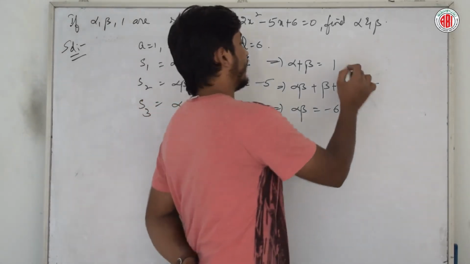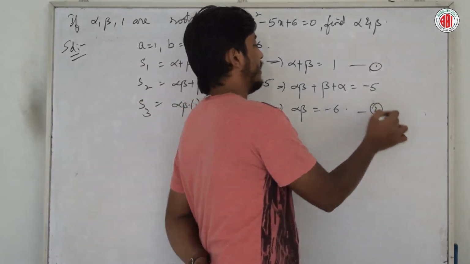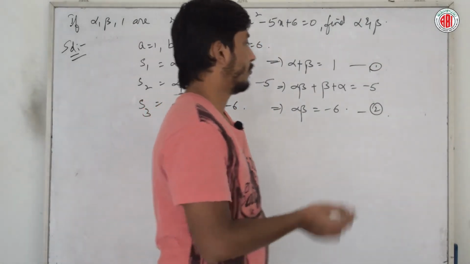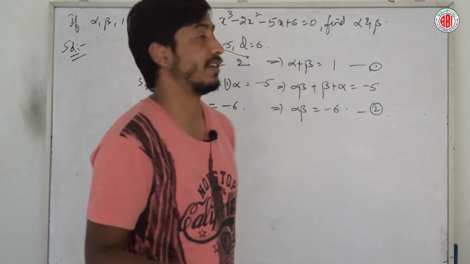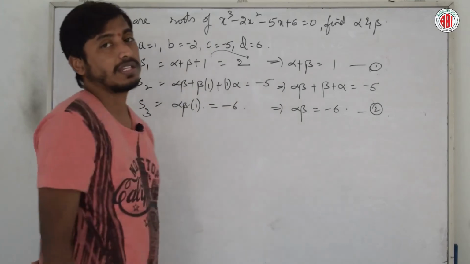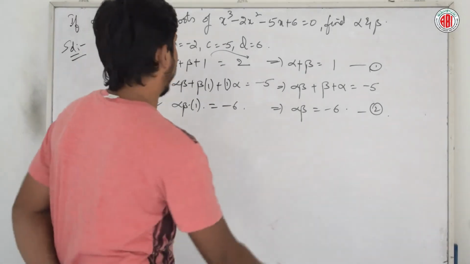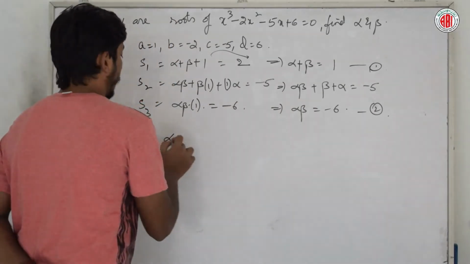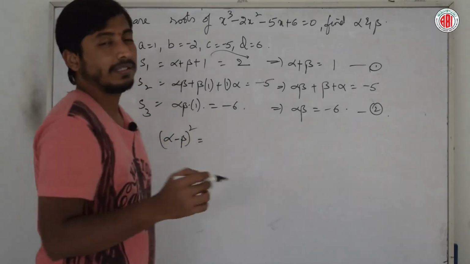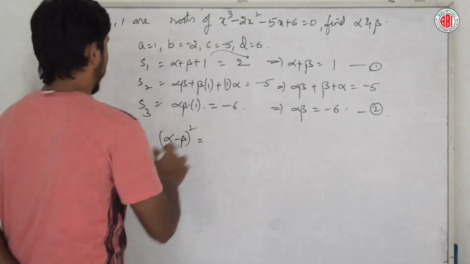So let me take this and this. Now you can solve it in various methods. You can take factors, you can substitute this in here, or else we can use some other formulas like alpha minus beta whole square can be written as this relation. You have to remember. Let me tell you that.